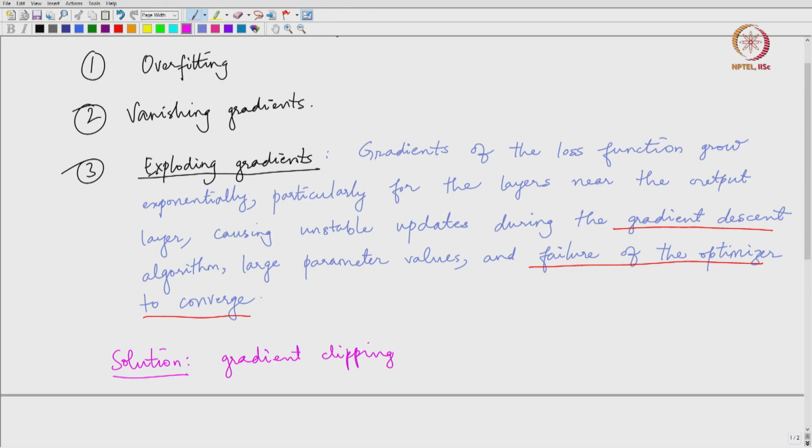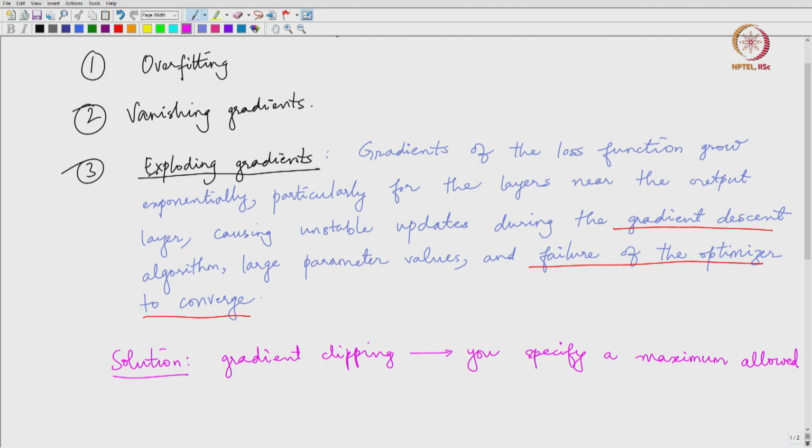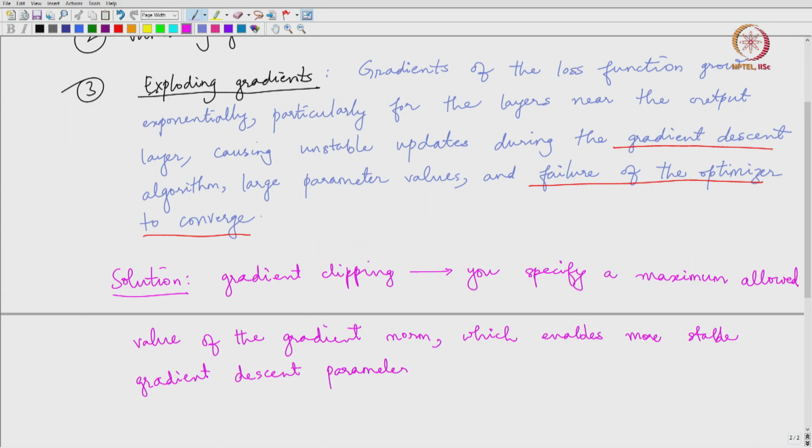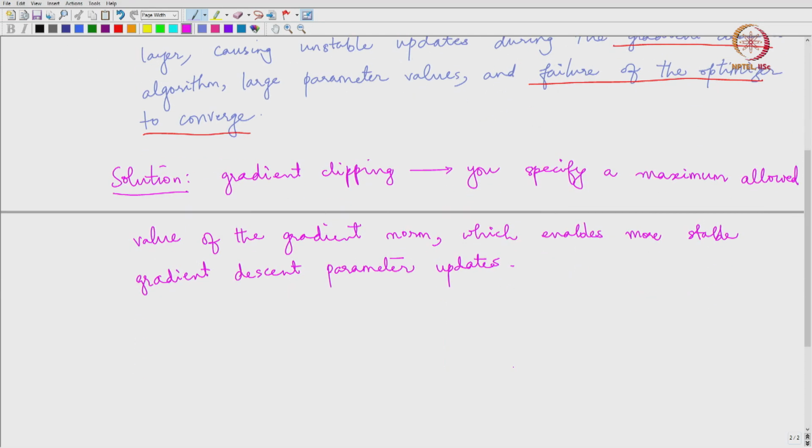What you do in gradient clipping is you specify a maximum allowed value of the gradient norm, which enables more stable gradient descent parameter updates. So, this is one of the solutions.